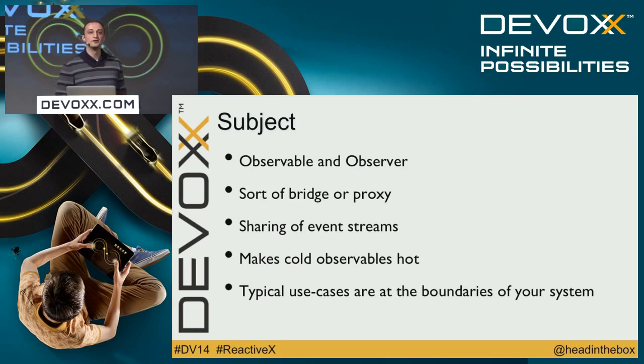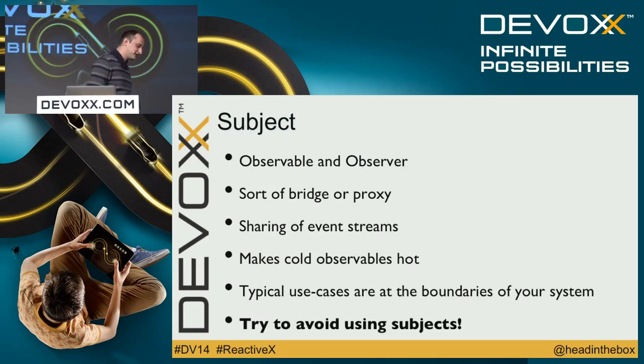But there are also other legitimate use cases like Excel, for example. But I must say, you must really try to avoid subjects as much as possible. You see a lot of beginning Rx programmers really embrace these subjects because they make things a bit easier and more processable in our old-fashioned way of thinking.